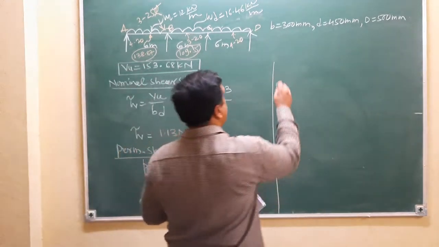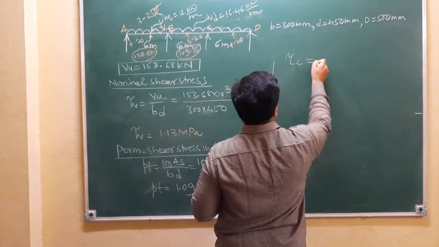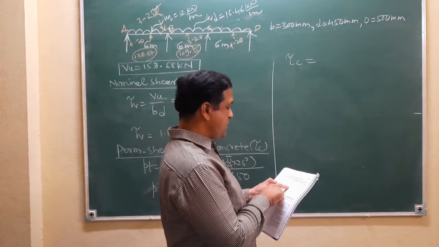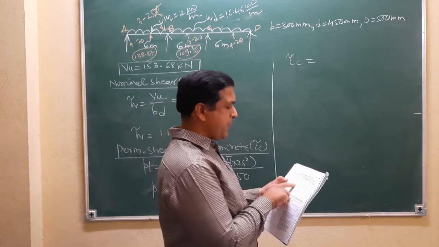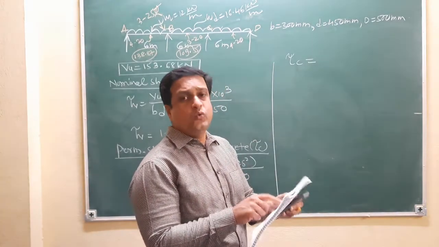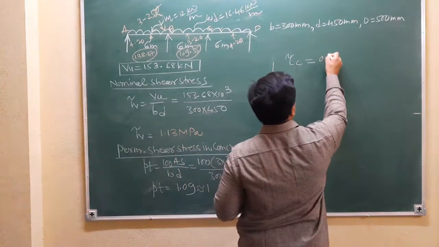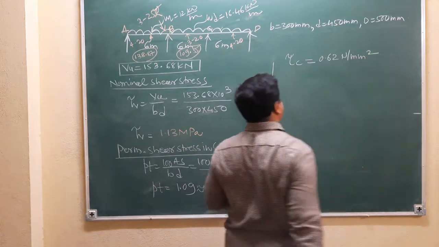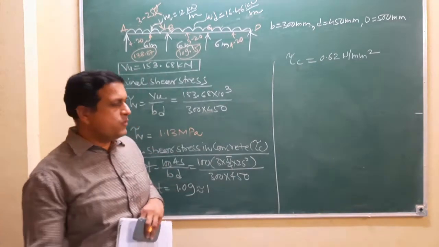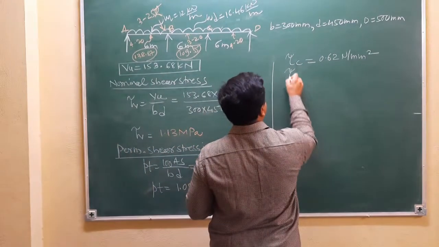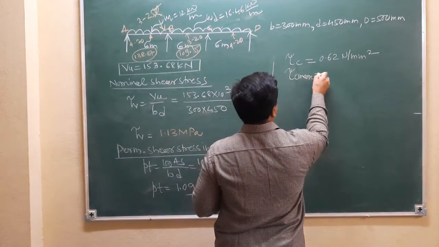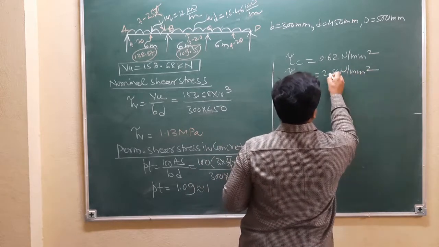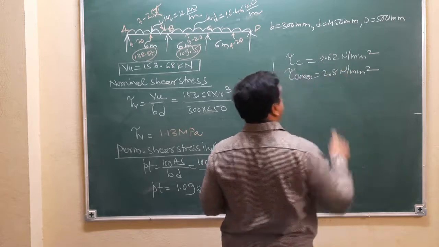So the tau c value for 1% for M20 grade concrete is 0.62 Newton per mm square. Now what is the value of tau c max? Tau c max is 2.8 Newton per mm square.